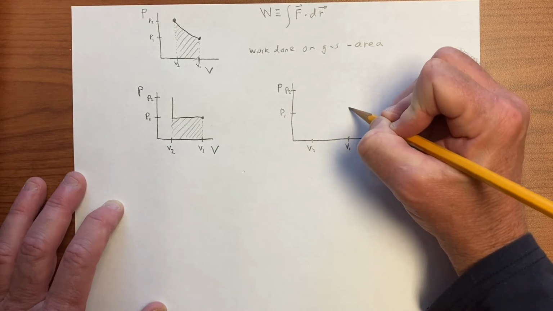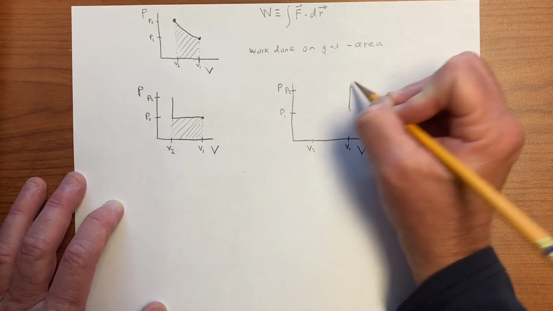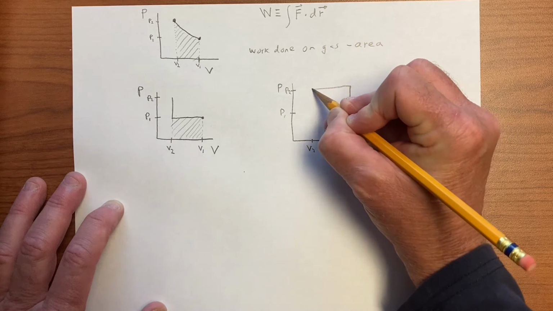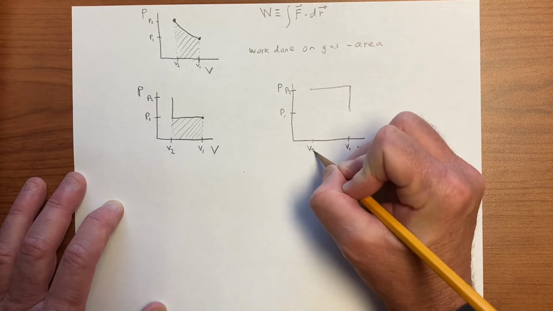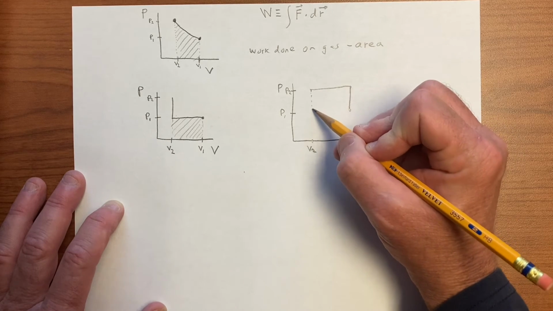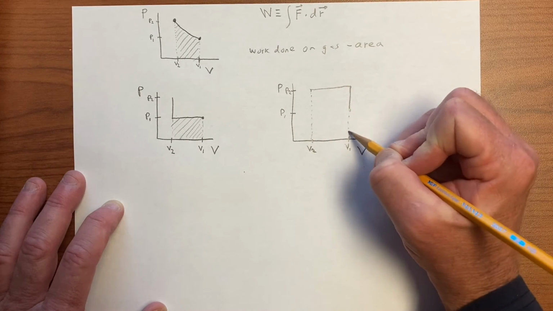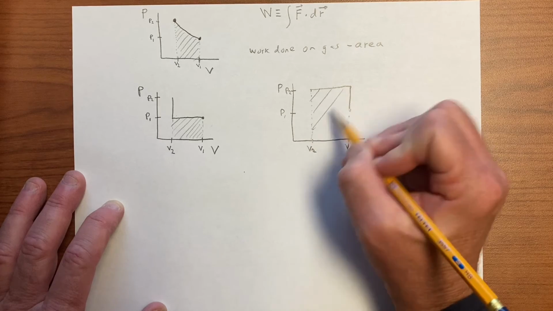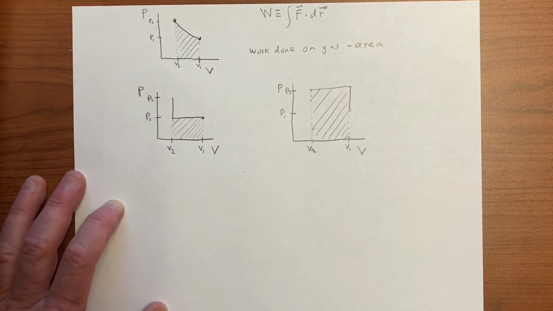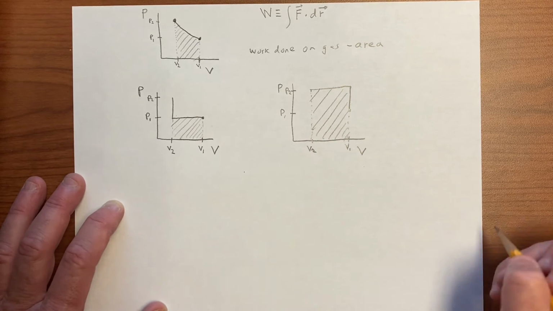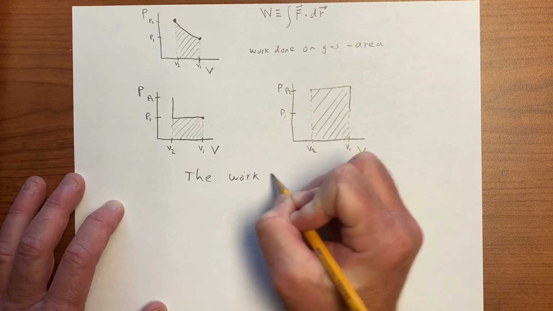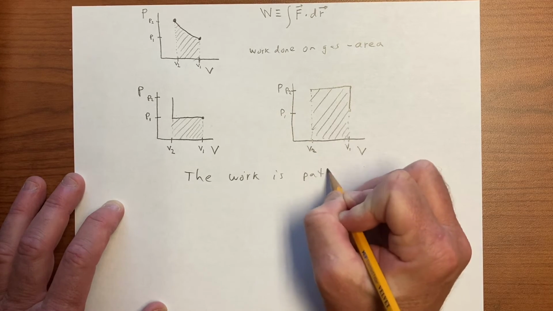And so now we're going this way, and then we'll decrease the volume to V2, like that, and so the area under the curve, in this case, is this. Okay, so we notice that the work is path dependent.